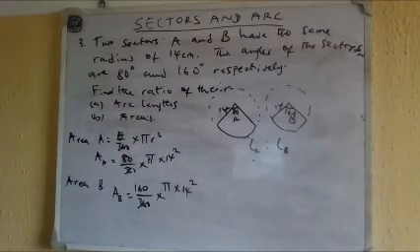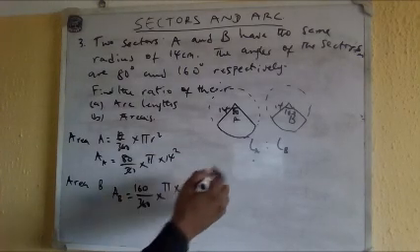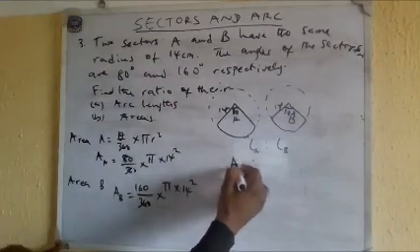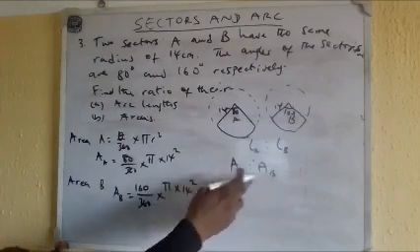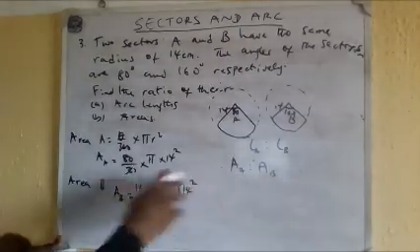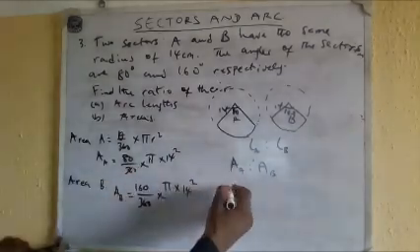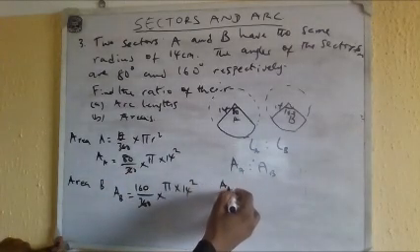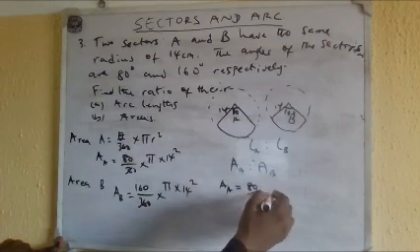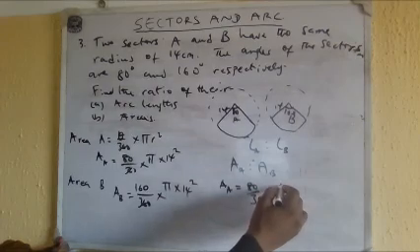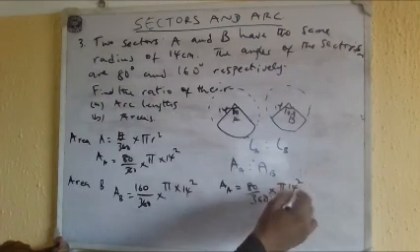To look for the ratio of the area, it is area A to area B. Area A is 80 over 360 times pi times 14 squared.